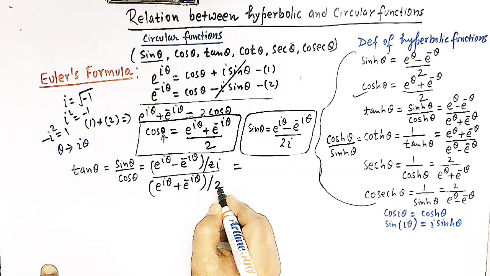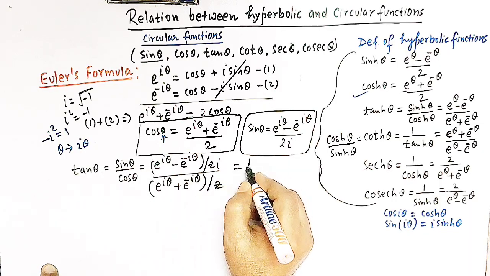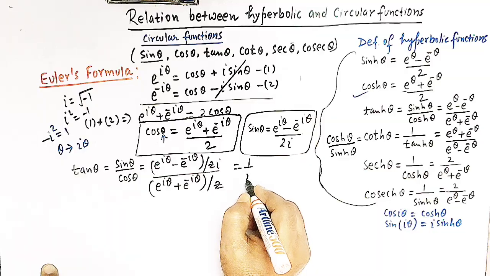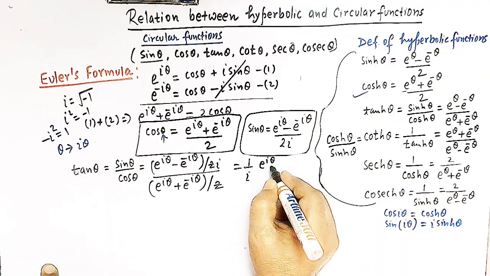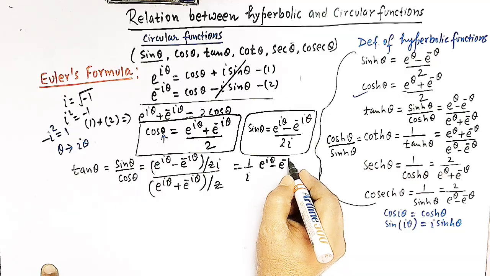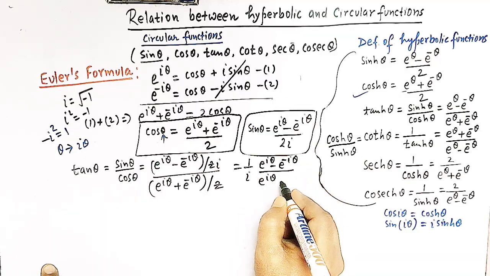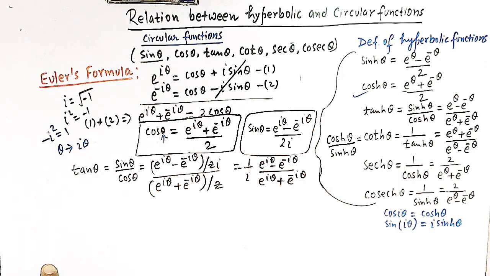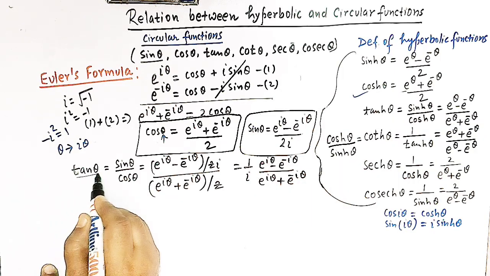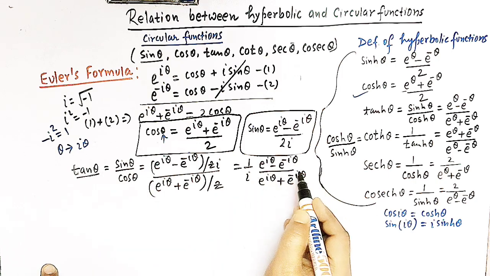So now this 2 and this 2 get cancelled, and we are left with 1 over iota times e raised to i theta minus e raised to minus i theta divided by e raised to i theta plus e raised to minus i theta. So the expression for tangent theta is given by this expression.